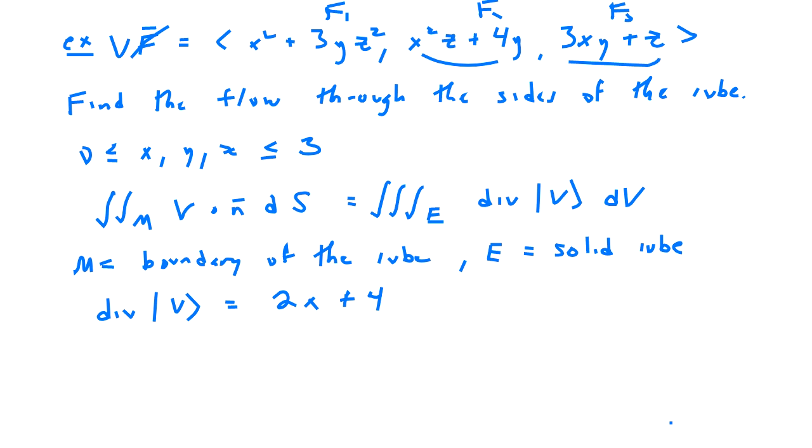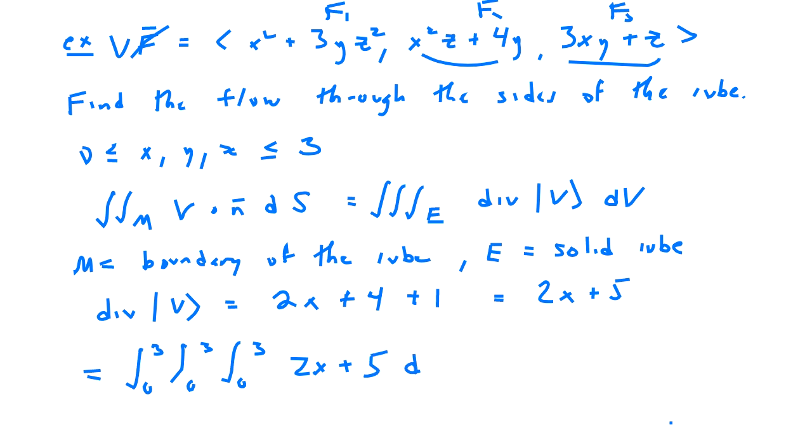And then the derivative of the third one with respect to z, which is plus 1. And then do the typical triple integral of that function over our solid. So here, for this first one, I made it nice and simple, which is all three variables just go from 0 to 3. And I would get that.